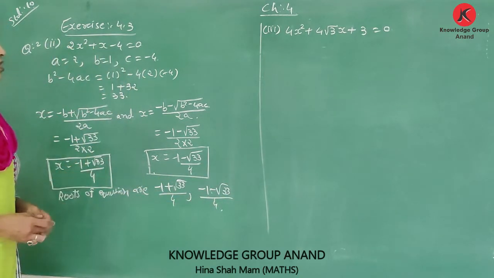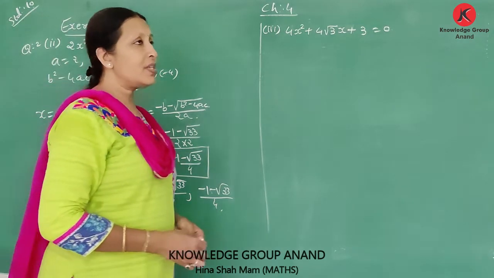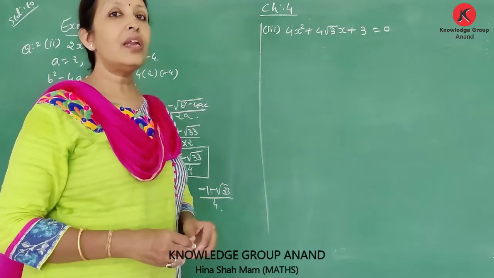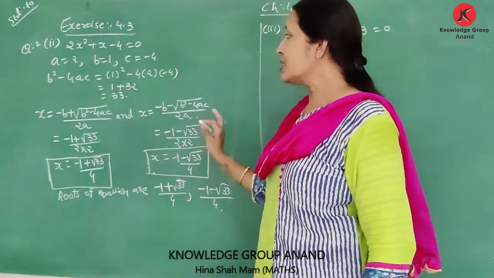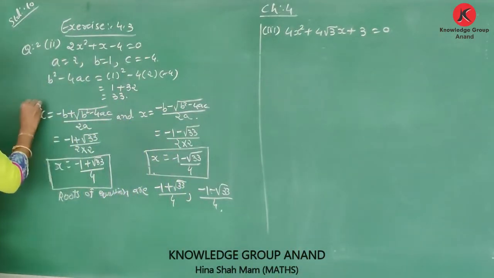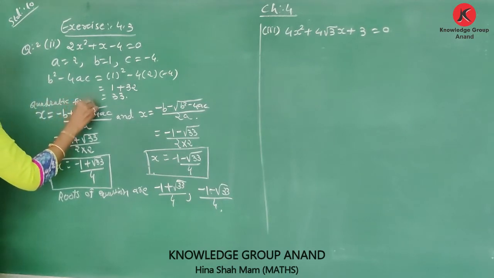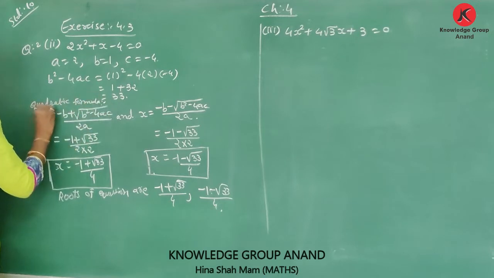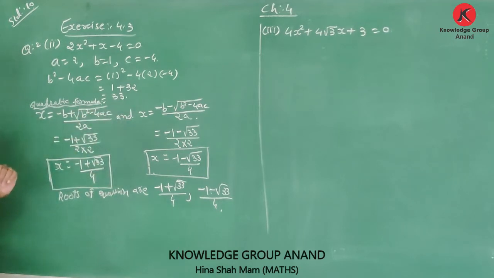When you find or solve this equation, find the roots of this equation, we use the quadratic formula here. What is our quadratic formula? We write x is equal to minus b, and then find these roots.